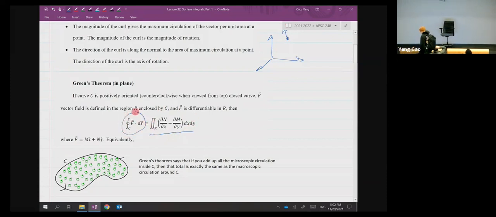So Green's theorem gives you a relationship between a vector line integral and a double integral.